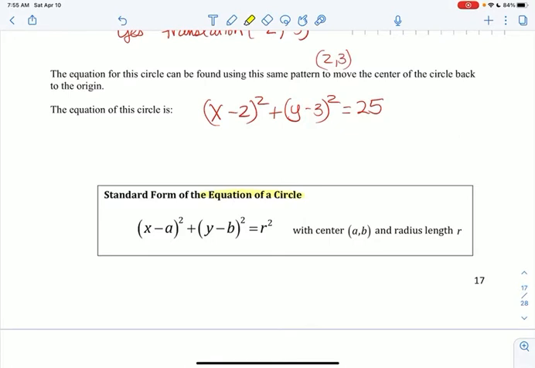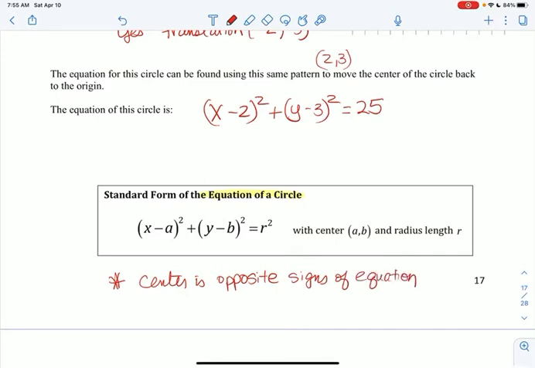Keep in mind the center is positive a, positive b, but when I write it in my equation, I am doing the opposite sign. And then the r squared is on the right, just like it was before. Okay, so let's write that down. The center is the opposite signs of the equation.